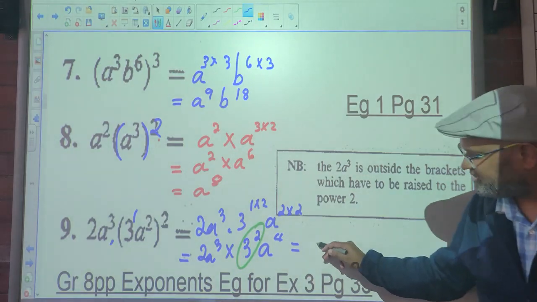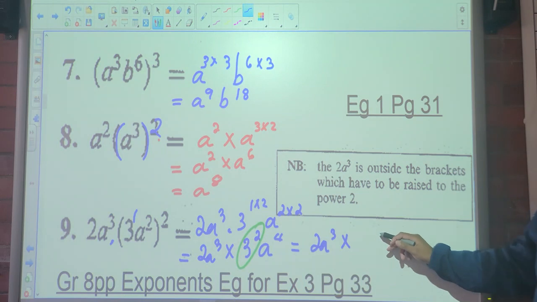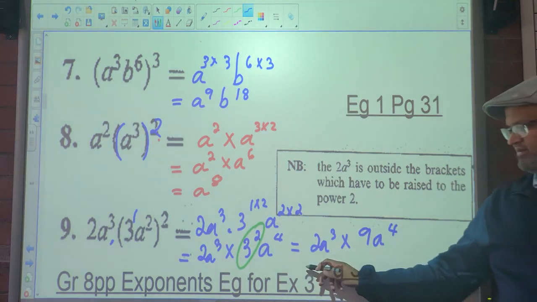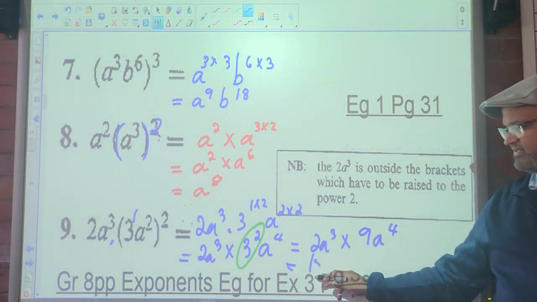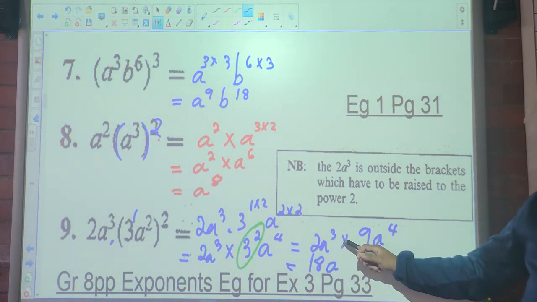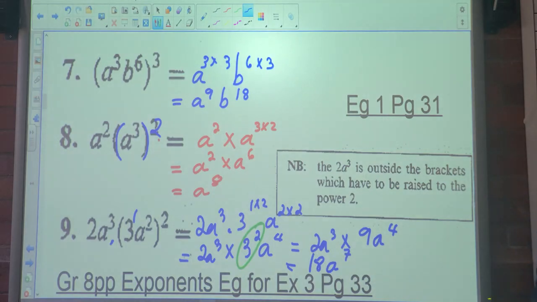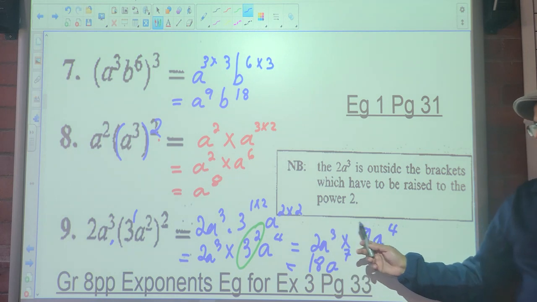Yes. And what is 3 squared, sorry? 9. a to the exponent 4. So what's 2 times 9? 18. And a cubed times a to the 4 is a to the 7. When you're multiplying bases that are the same, add the exponents.